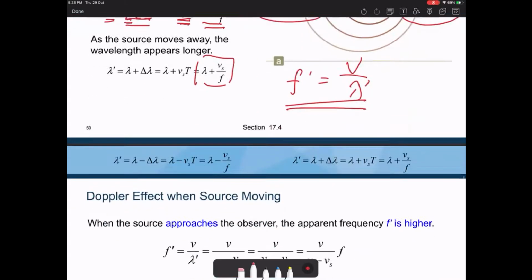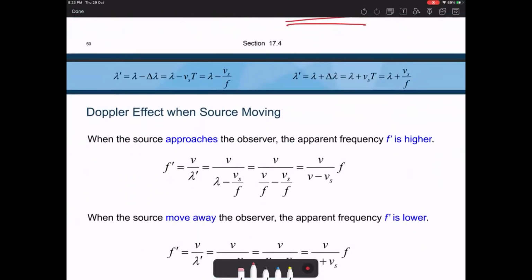So if we go back to the next page, the apparent frequency is the speed divided by the apparent wavelength. For the source approaching the observer, this would be the equation. You would expect an increase of the frequency because Vs is positive.